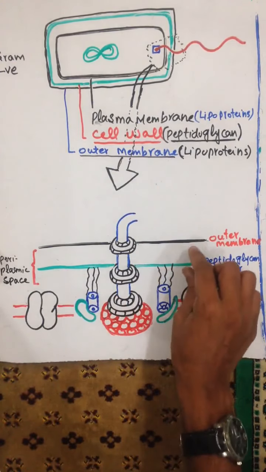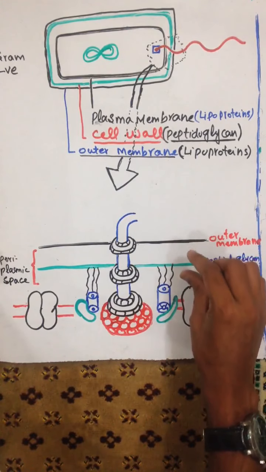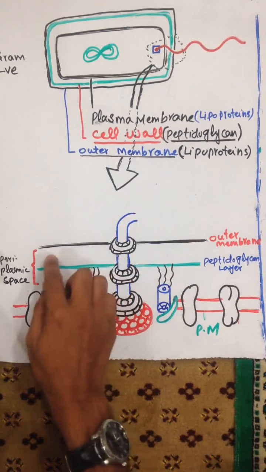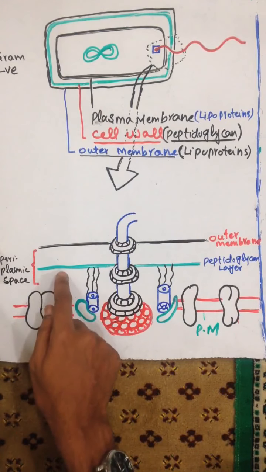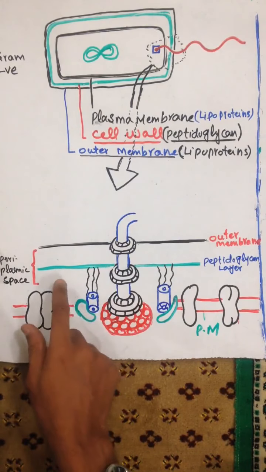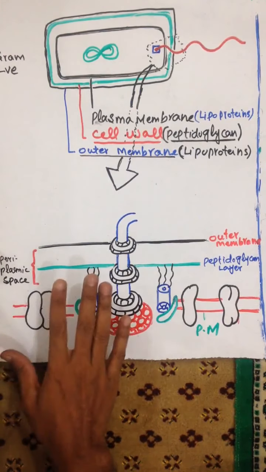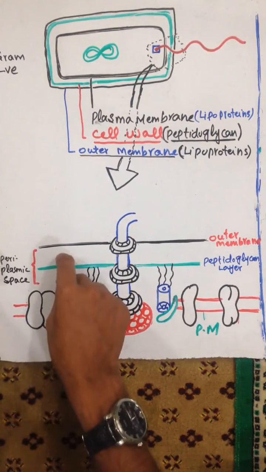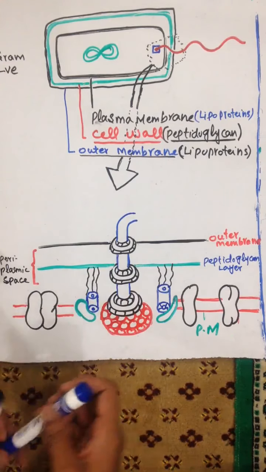The peptidoglycan layer and outer layer are very close to each other, very narrow, so that's why this is a very little space. Some books ignore this space. They just mention the space present between the peptidoglycan layer and plasma membrane and call it the periplasmic space. So if you say that this is the periplasmic space, that is also correct. If you include this and this gap in the periplasmic space, that is also right.